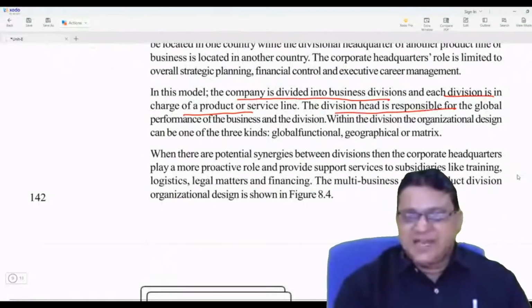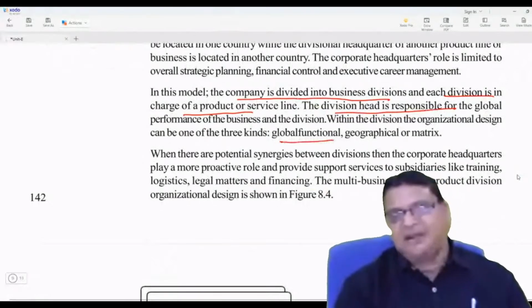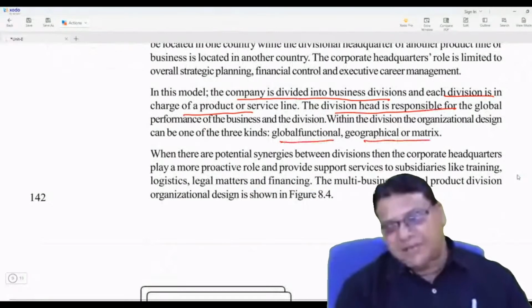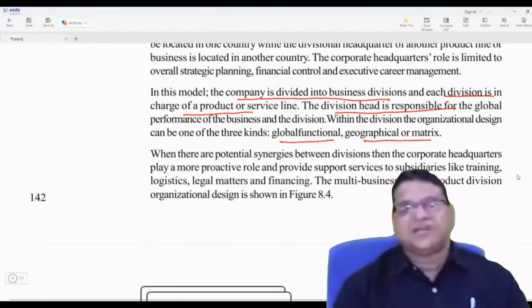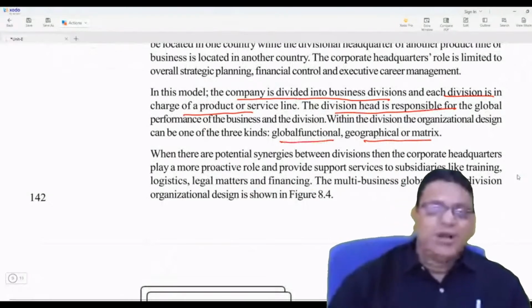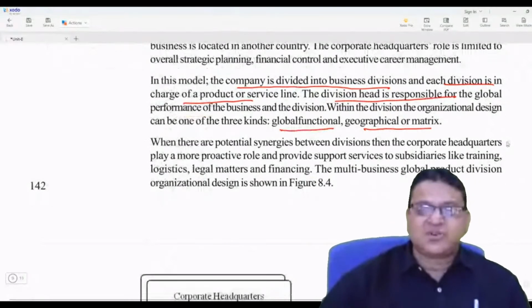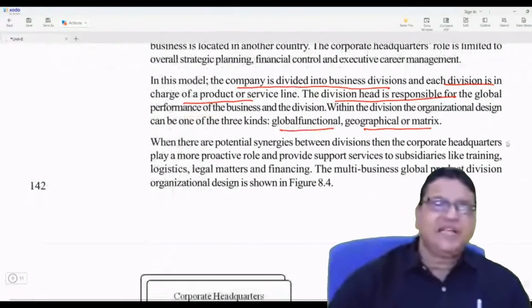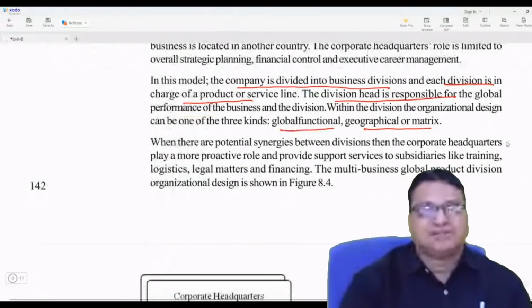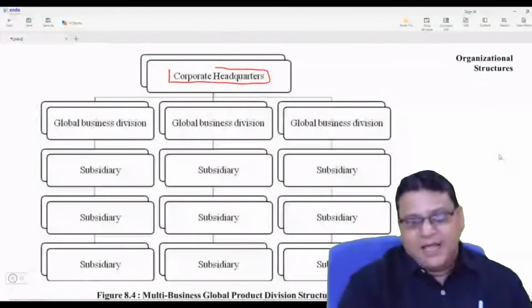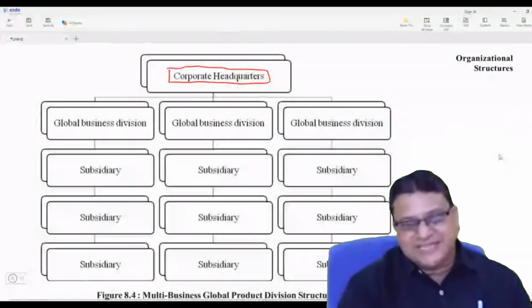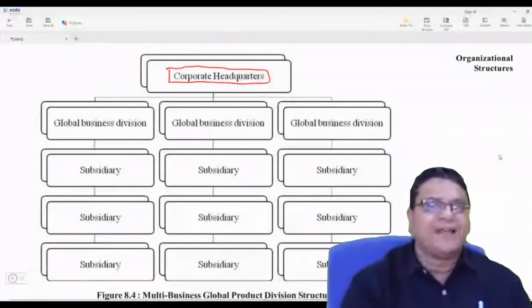Then the divisional head can be on global functional basis or geographic basis or matrix basis. The divisions can be created. So how is this organizational structure operated? There is a corporate headquarters, and the company is divided on the basis of global divisions.